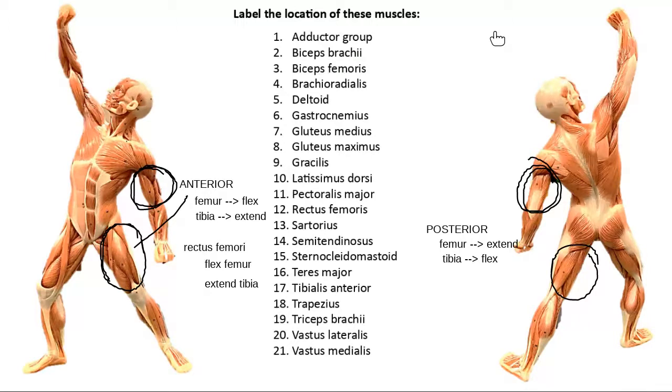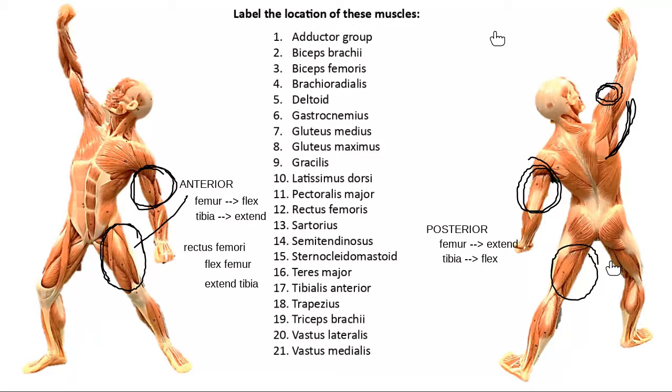When we talk about muscles that attach on the outside of the humerus versus muscles that attach on the inside of the humerus, this is my lateral muscle doing abduction, my medial muscles doing adduction. Same thing out here. These muscles are lateral, so they're going to do abduction. These muscles are medial, so they're going to do adduction.